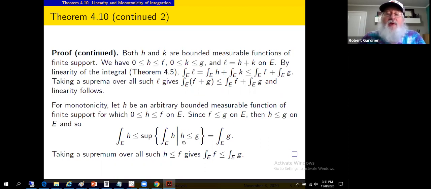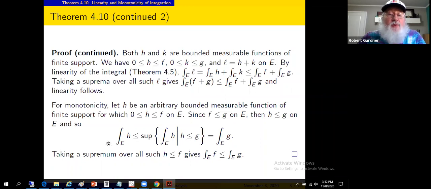But all appropriate h less than or equal to g. This is one of those. So this one element of that set is less than or equal to the sup of that set. So it's that thing again. So that's where that inequality comes from. So if we choose any h, bounded measurable function of finite support less than or equal to f, then we get the integral of that h less than or equal to the integral of g. This is the definition of the integral of g.